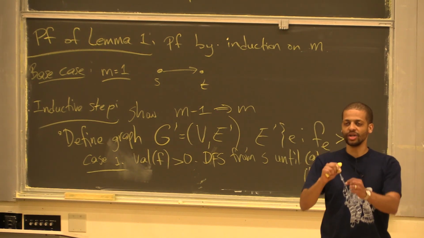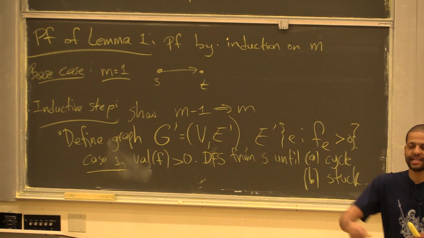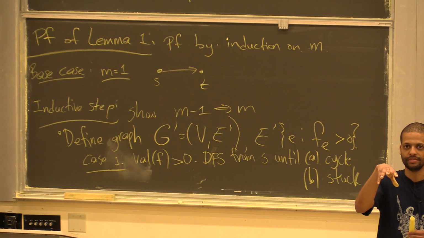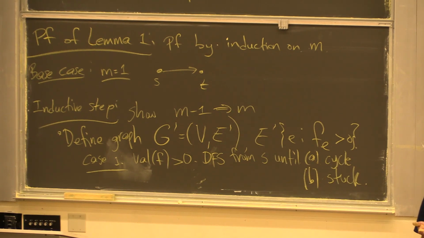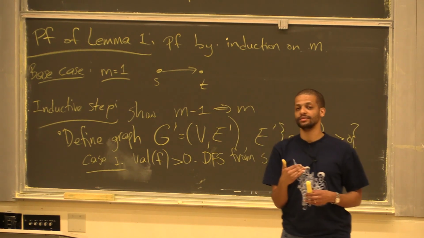Now, if you have a cycle, great. That means we've just found a cycle in this graph. Take the minimum flow on any edge in that cycle, okay, and subtract that from every edge in the cycle, and then remove that cycle from the graph and iterate. What have we done? We've now reduced the problem to the case where m is strictly smaller, right?